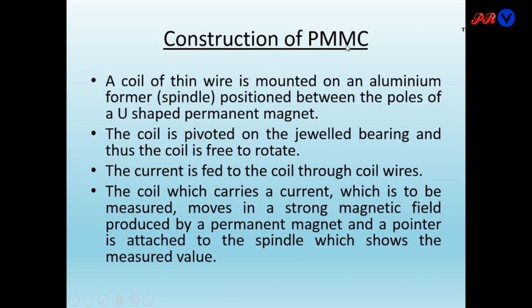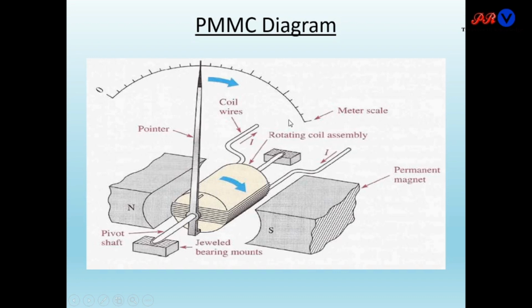Construction of PMMC. What are the different parts present in the permanent magnet moving coil? A coil of thin wire is mounted on an aluminum former or spindle positioned between the poles of a U-shaped permanent magnet. This is the U-shaped permanent magnet, and this is the aluminum former on which we have n number of turns of the coil through which current will be passed.